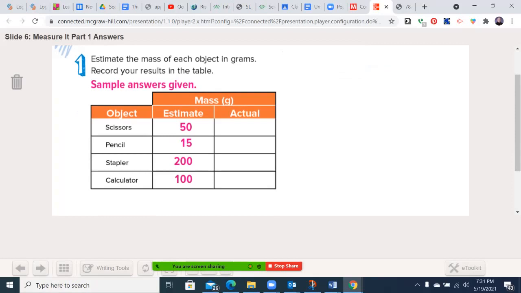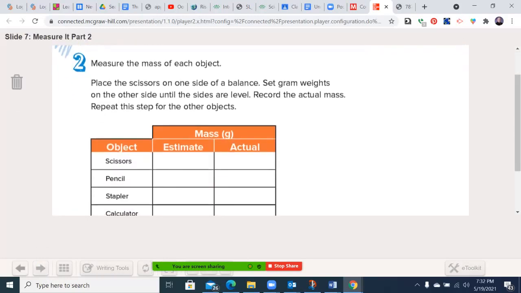And to be honest, you're going to estimate based on your knowledge already of grams and kilograms. And everything in here was in grams. So our estimation is really just a random guess. We could figure out that a stapler has more mass than a pencil, but a pencil has less mass than scissors. And then we could go and actually use a scale and measure these things.